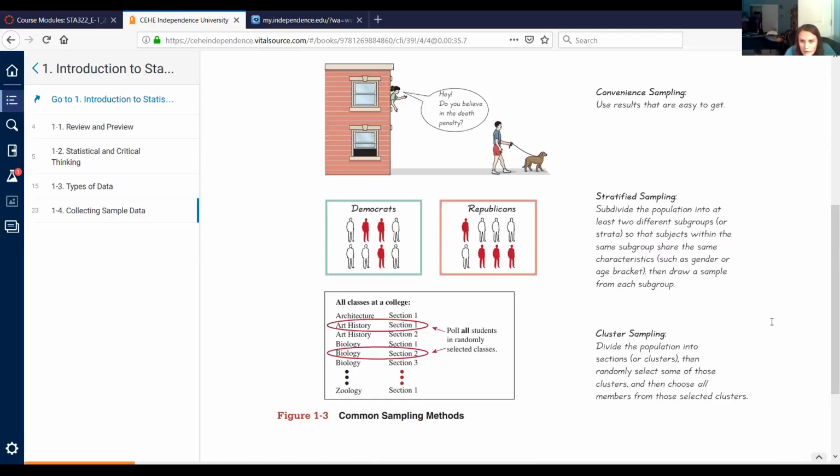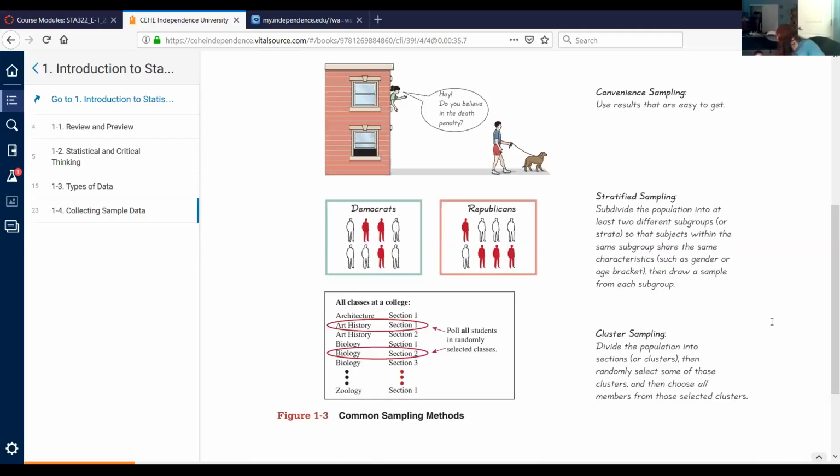If I wanted to do a poll, I wouldn't want to poll everybody in the city, but I might divide it into, say, men and women, and then age groups in each of those, and create several different groupings, and then draw samples from each of those groups to try and get the information that I want.